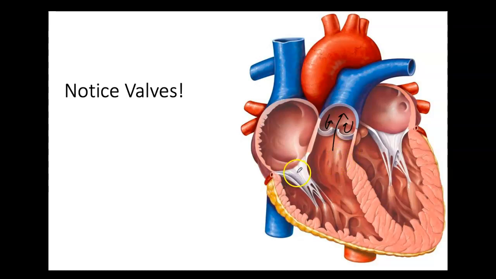The tricuspid valve is here. Tricuspid, it's going to have 3 cusps, not really visible here. You can see the heartstrings or the chordae tendineae or tendinous cords that are anchoring this flap down so that it doesn't evert.